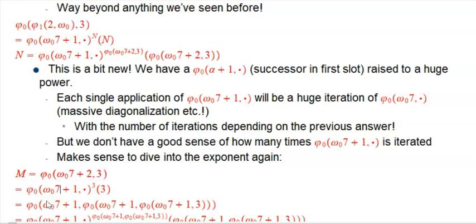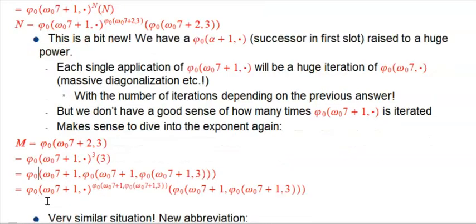And okay, that again takes us back, because this is the last time we're going to see this omega naught 7 plus 2, referring to omega naught 7 plus 1 repeated just a measly 3 times, admitted. Okay, but then that's going to be omega naught 7 plus 1, this function we're getting a bit familiar with, and that's going to be repeated this many times, which again uses phi naught 7 plus 1, but here just iterated twice.